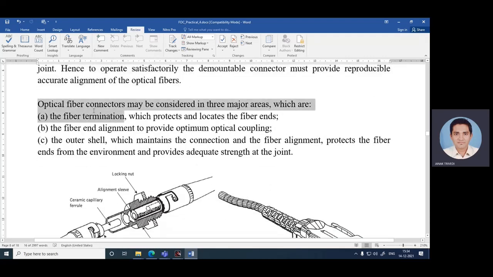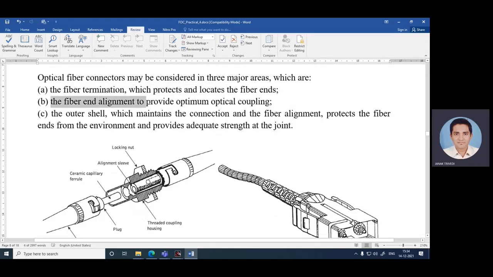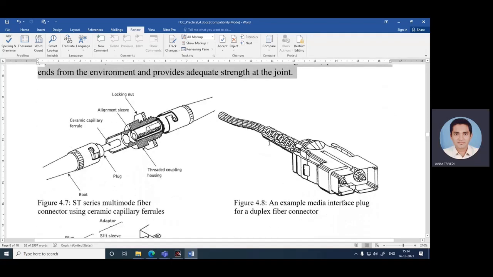An optical fiber connector may be considered in three major areas, which are: A, the fiber termination, which protects and locates the fiber end; B, the fiber end alignment, which provides optimum optical coupling; and C, the outer shell, which maintains the connection and the fiber alignment, protects the fiber ends from the environment, and provides adequate strength at the joint.